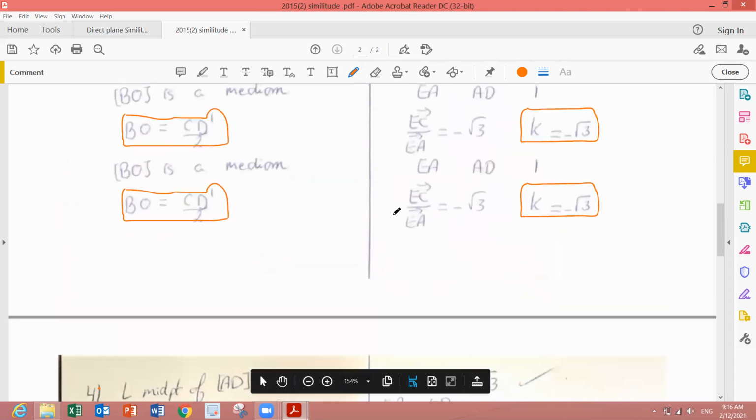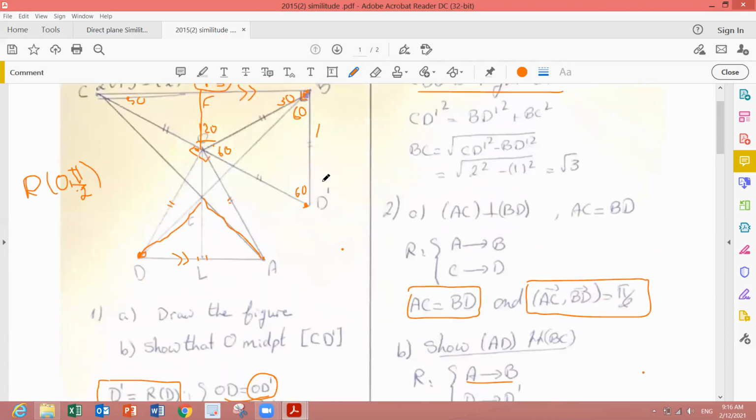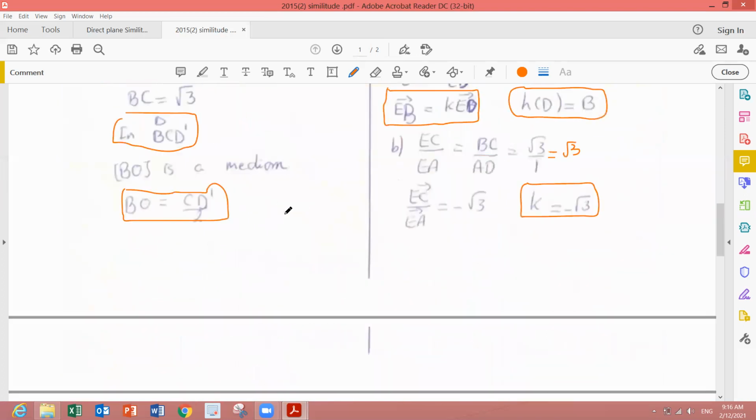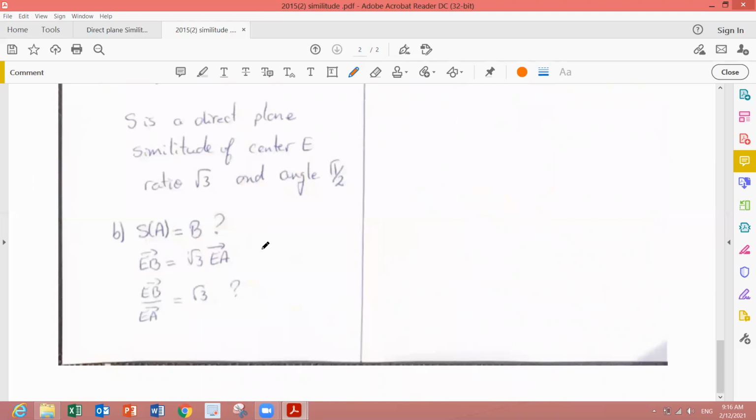Is angle EAEB 90? EAEB equals 90. How? Perpendicular: EAEB equals 90. The first condition is true.